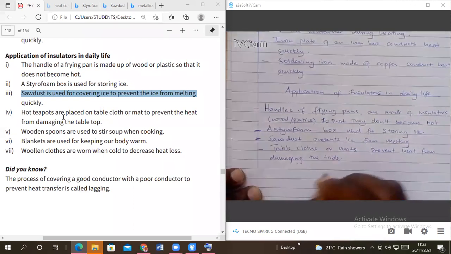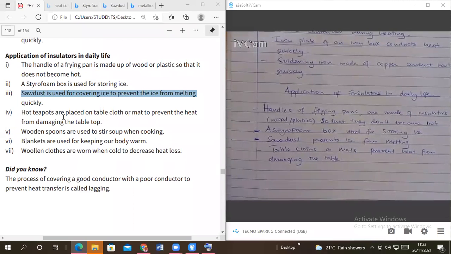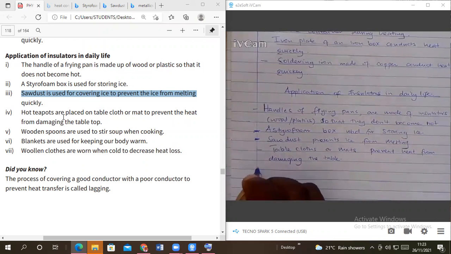Some of you don't know why those tablecloths are there. I mean, you say that's for decoration or what. The reason is that when you get your hot kettle and you put it on the table, you may burn up the table. So what you do is put it on the tablecloth.